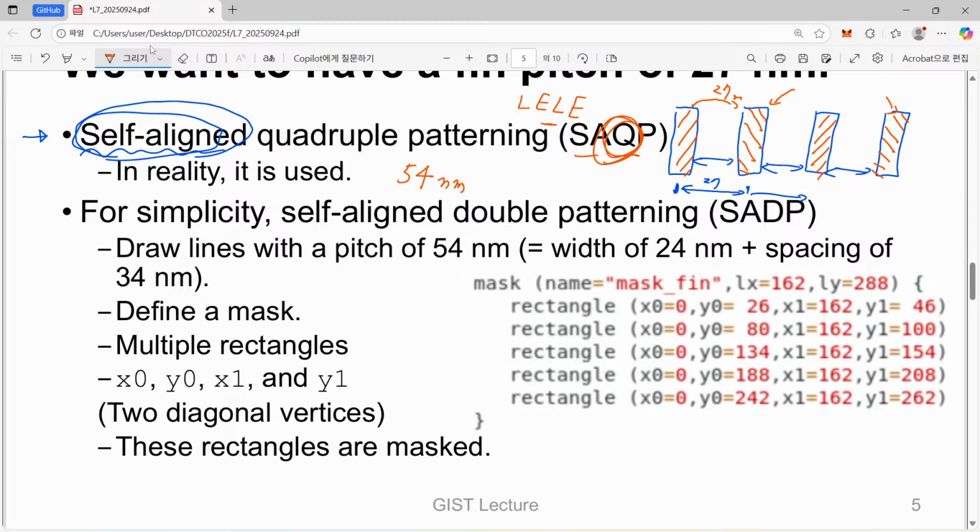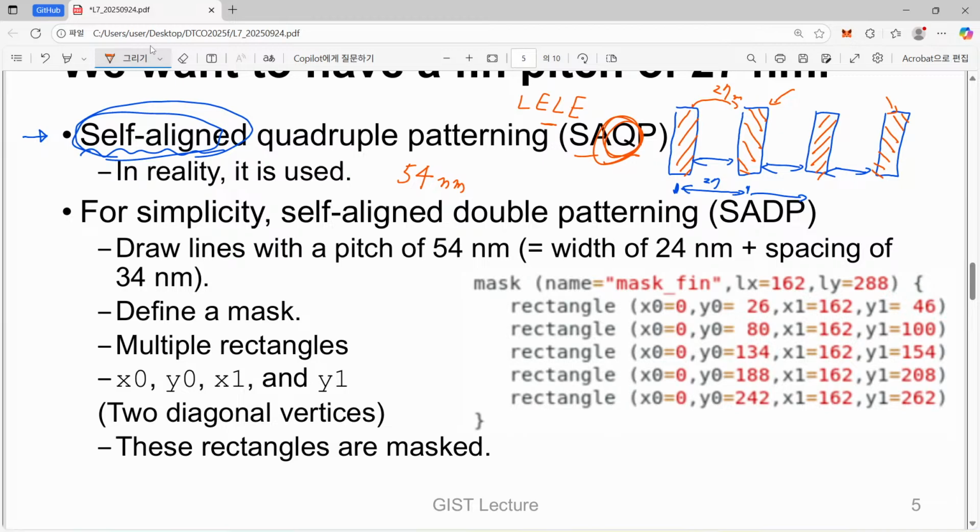You can draw 54 pitch lines quite well. That's good. However, there is no guarantee that your second line is exactly separated by 27 nanometer from your first drawn line. Let's say that unfortunately you have a margin of, for example, 2 nanometer.